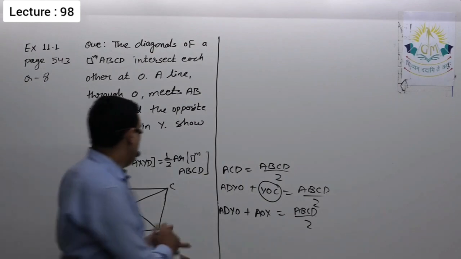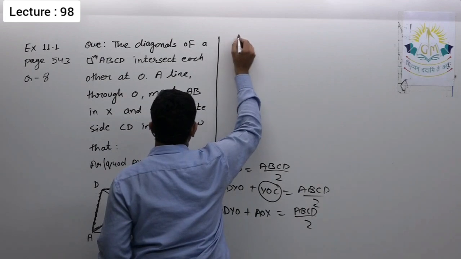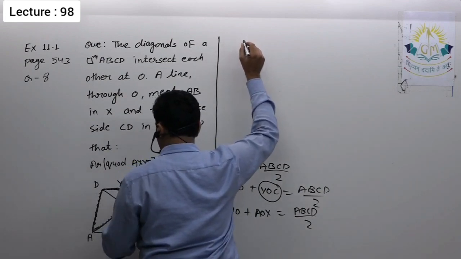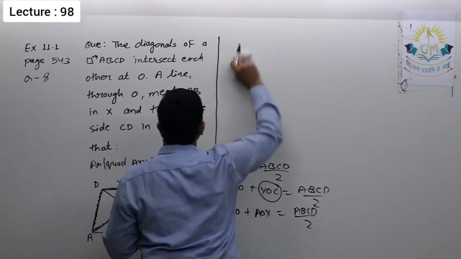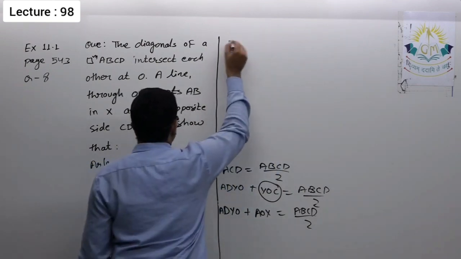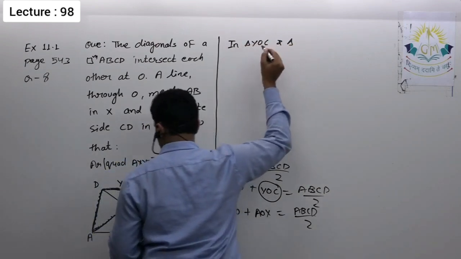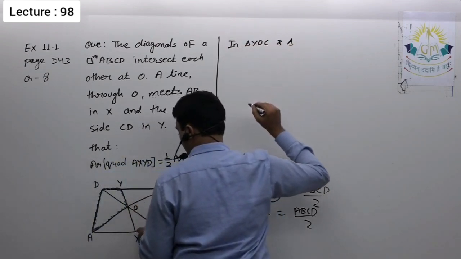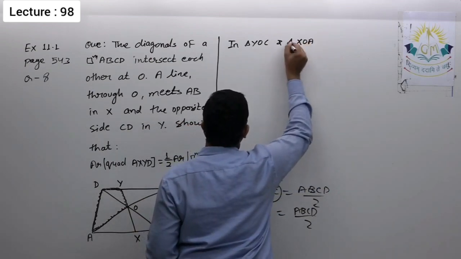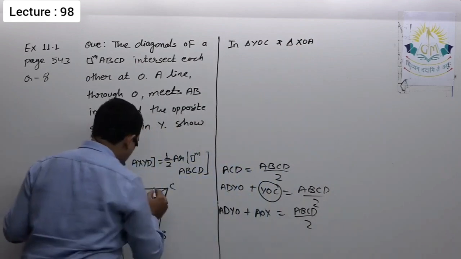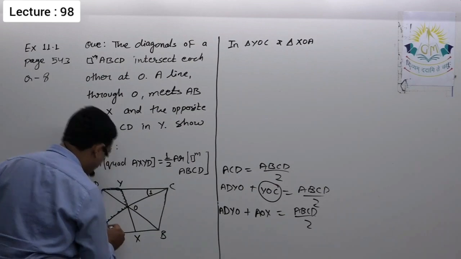So now let me give you the detailed solution. In triangle YOC and triangle XOA, instead of writing the complete names, I am writing in this way, that will save my time.